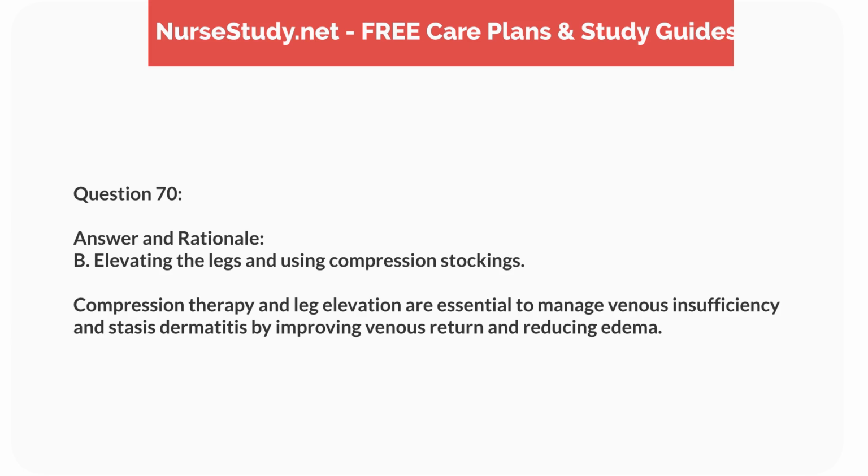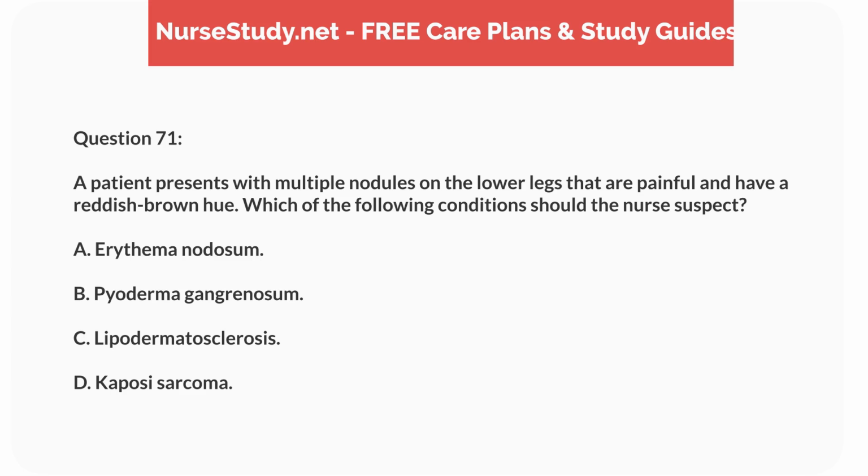edema. Question 71. A patient presents with multiple nodules on the lower legs that are painful and have a reddish-brown hue. Which of the following conditions should the nurse suspect? A. Erythema nodosum. B. Pyoderma gangrenosum.